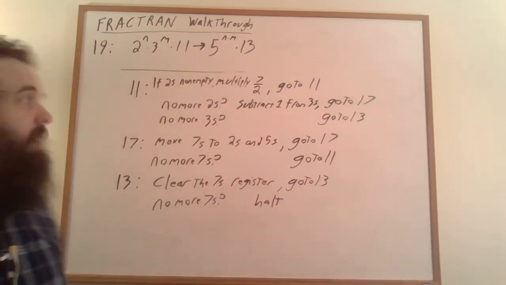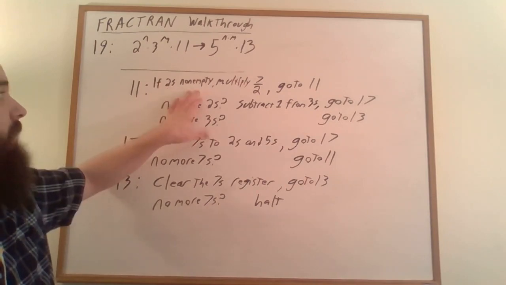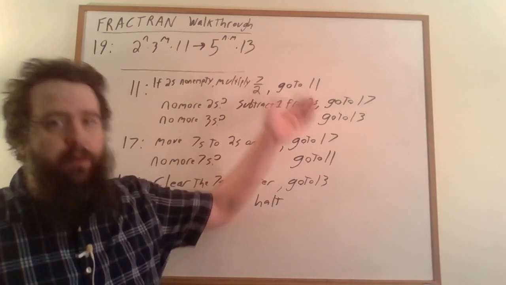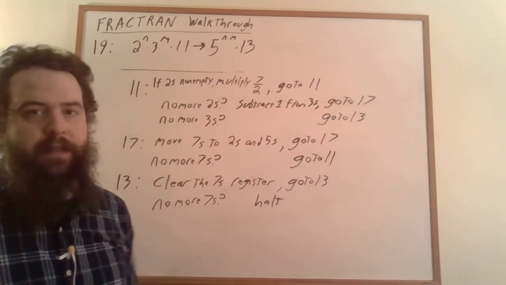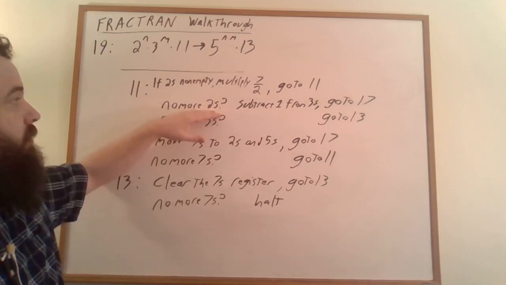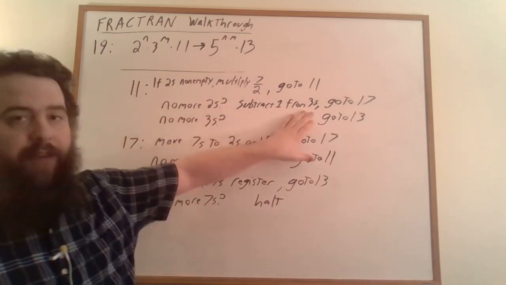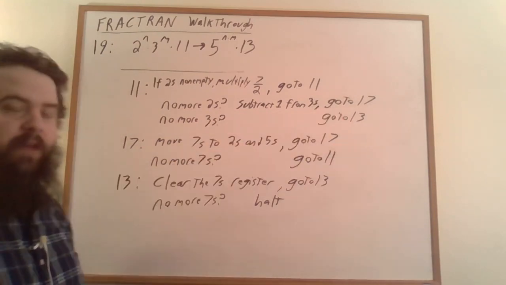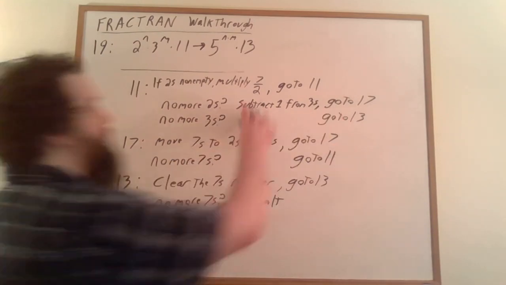That is to say that if the 2's register is non-empty, if we can, multiply by 7/2 and then repeatedly do this, continue being in state 11. Then if we're in state 11 and there are no more 2's left, we want to subtract 1 from the value in the 3's register and go to 17. So of course, how do we subtract 1 from the 3's register?